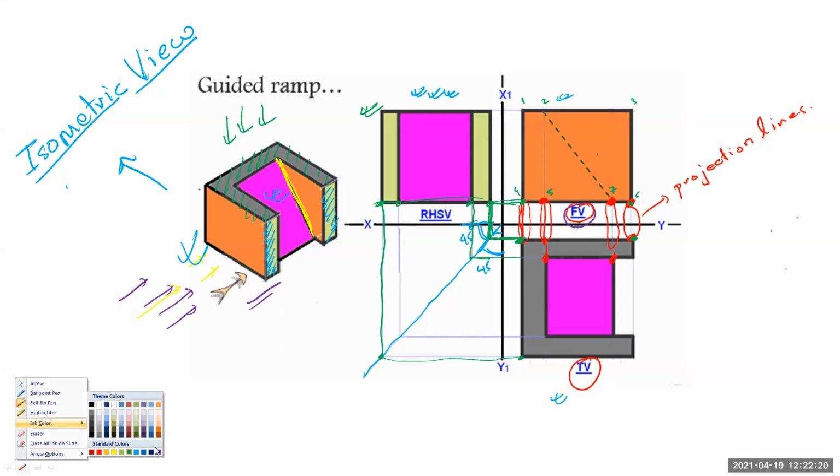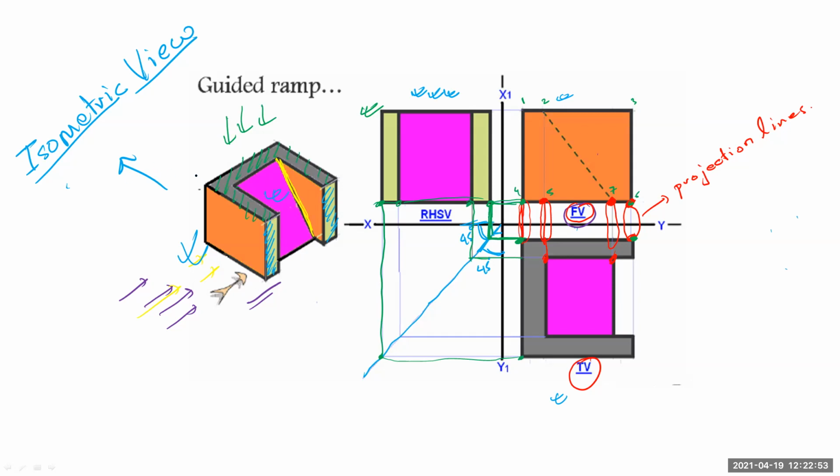I am writing this for your knowledge purpose only, because here in our GDM course we don't have conventional drawing, but unless you know how to represent them on paper, there is no benefit of learning the AutoCAD software. So see here, point 1 and point 4 will come at this location. Likewise, you can give the namings.